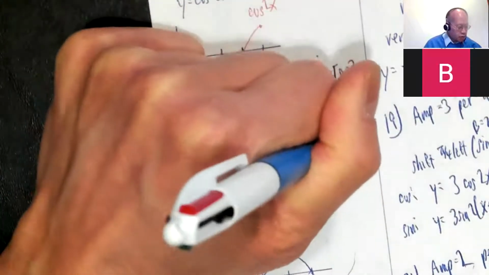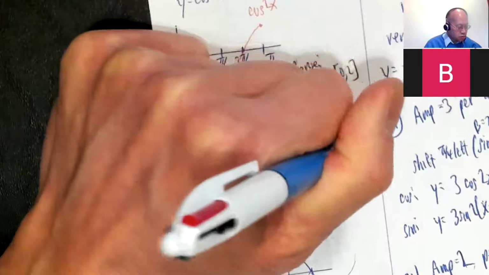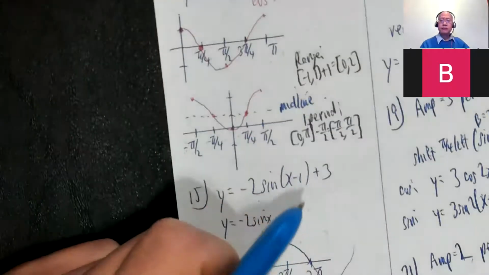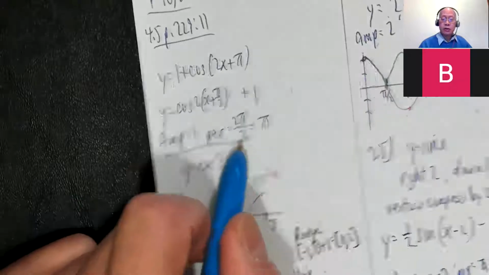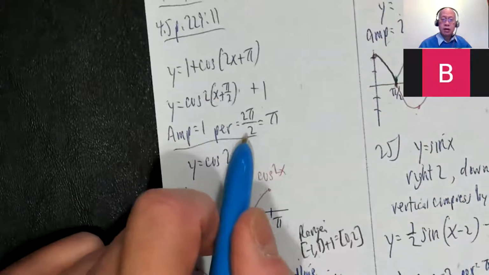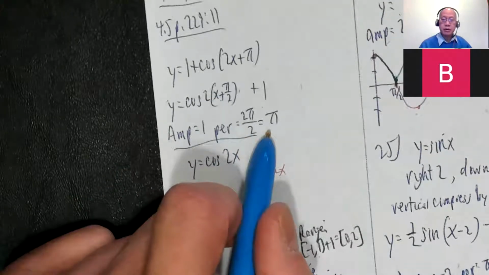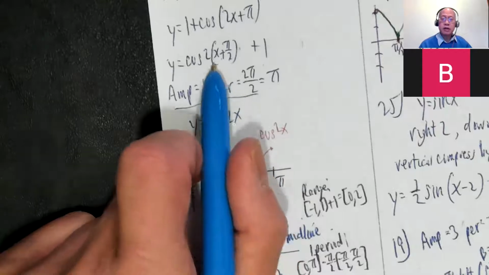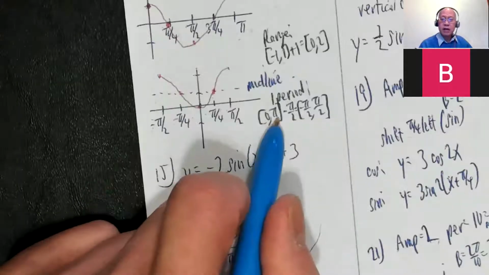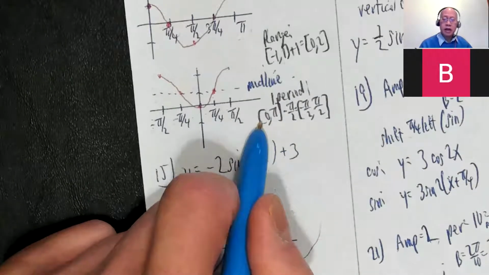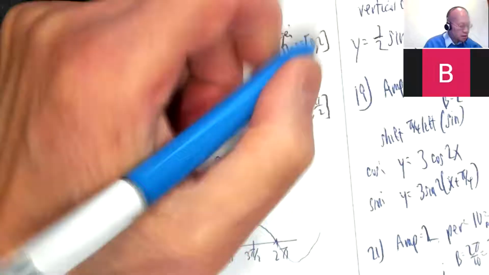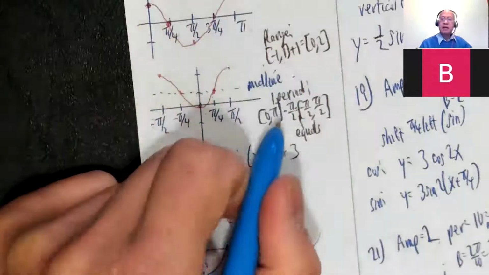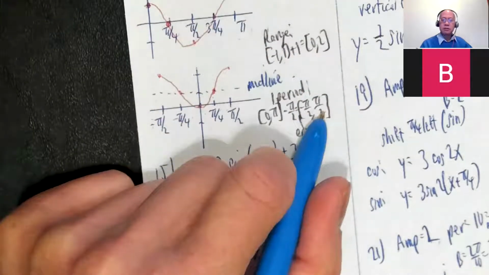So one period is going to go from negative pi over 2 to pi over 2. So that says bracket 0, pi. That would normally be the one period for this function, because the period is pi. But because of the horizontal translation of pi over 2 to the left, I go minus pi over 2. So 0 minus pi over 2 is negative pi over 2. That's an equal sign there. And then pi minus pi over 2 is pi over 2.